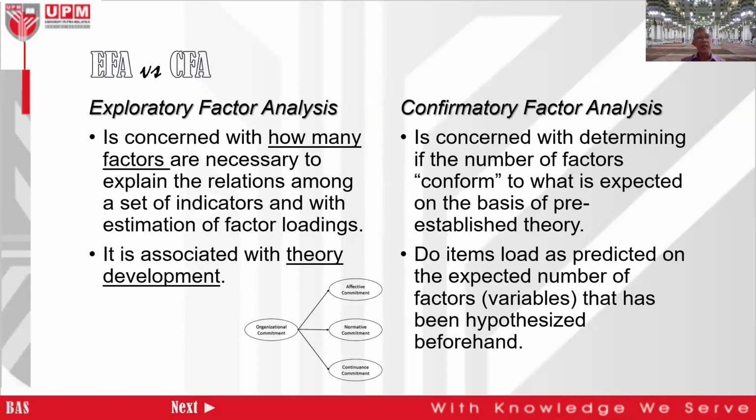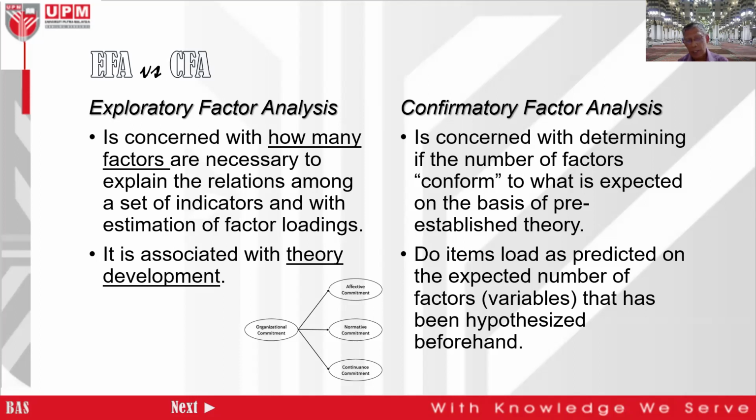For EFA, we are concerned with how many factors we need to extract from the data. When we enter the list of items or indicators into our factor analysis, we want to know how many factors should be extracted. Remember earlier, we have three methods to determine this. One is the Kaiser criterion. Second, we can use the scree plot.